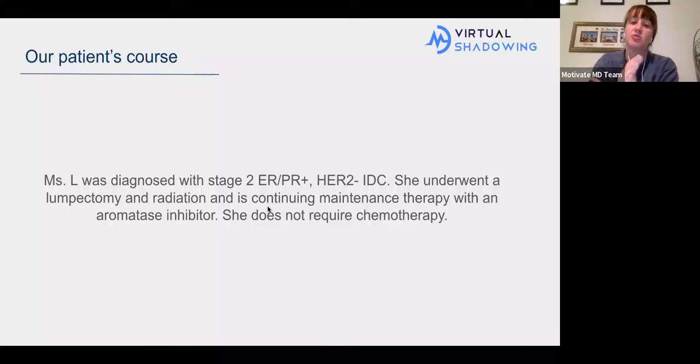And then after the 2 years, she gets to graduate to yearly for a couple years. And then once we get to 5 years, that's when we graduate people out. We say, you know what, you're looking pretty good. I think your survival is going to be great. We can sort of say goodbye, because people generally have the most risk for recurrence in those first 5 years.